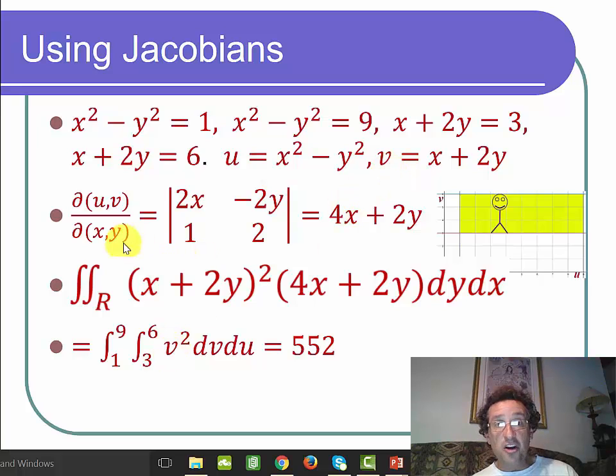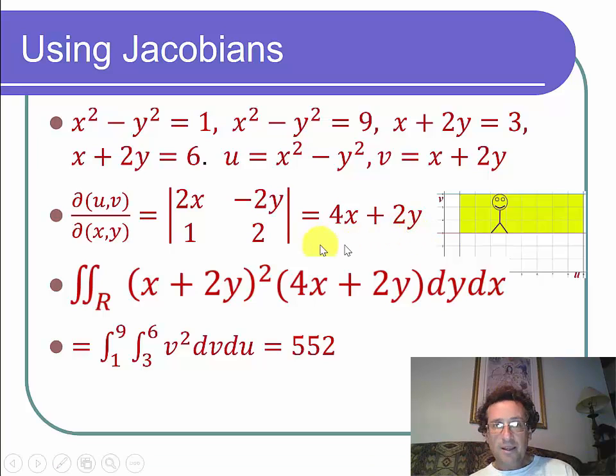And now notice the Jacobian, del u del v over del x del y, is 4x plus 2y. But we need del x y over del u v. But our theorem said that del x y over del u v is the reciprocal of del u v over del x y. So the Jacobian is 1 over 4x plus 2y.